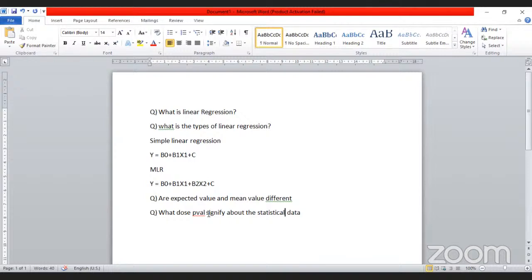If the p value is less than 0.05, we will reject the null hypothesis. The null hypothesis means we are making an assumption, a condition. For example, there are two conditions. If the p value is high, the condition related to the null hypothesis will be accepted. If the p value is less, it will be rejected.